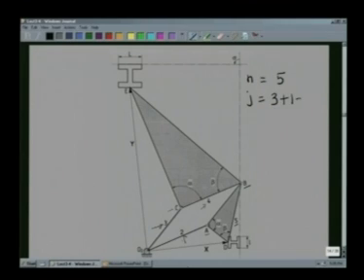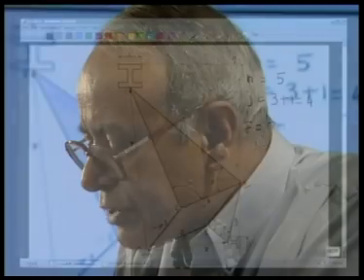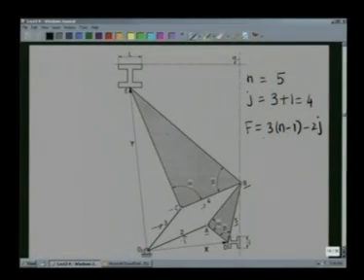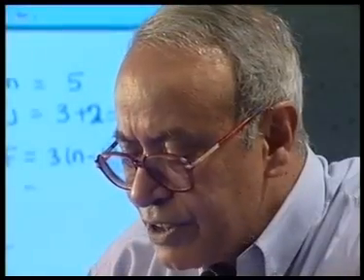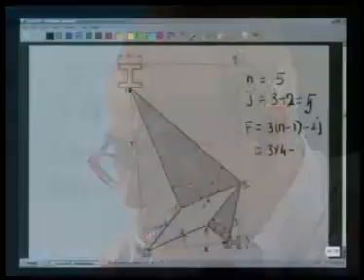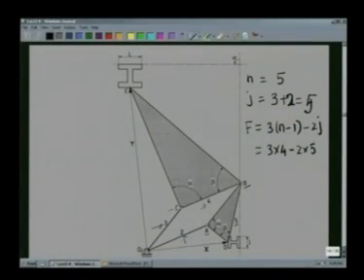So we get J equal to 4. So if we calculate the degree of freedom F, which we have seen is 3 times n minus 1 minus 2j. Sorry, I made a mistake here, J2 is 1, but it is 2J2, so this should be counted as 2 into 1, that is 2, and J is 5. So F is 3 into 4 minus 2 into 5, which is 2.